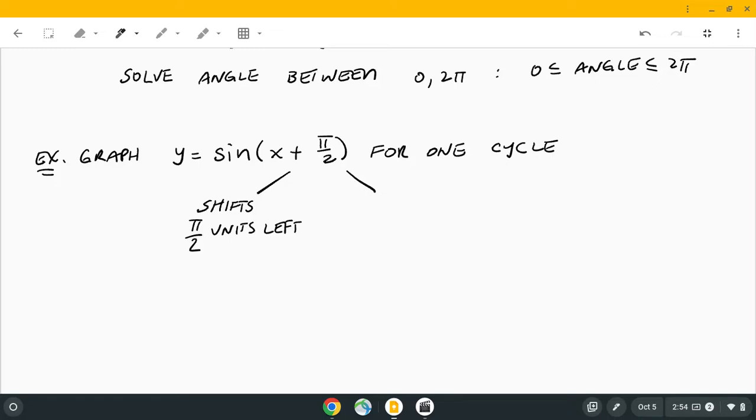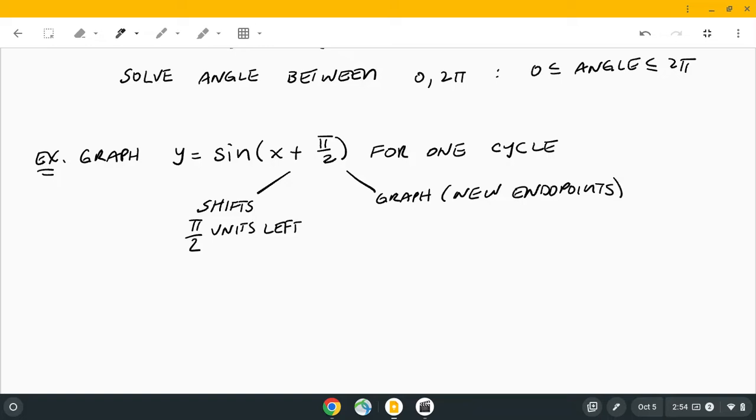If they ask you just about shifting, it's just pi over 2 units to the left. If you have to graph this, then we have new endpoints.